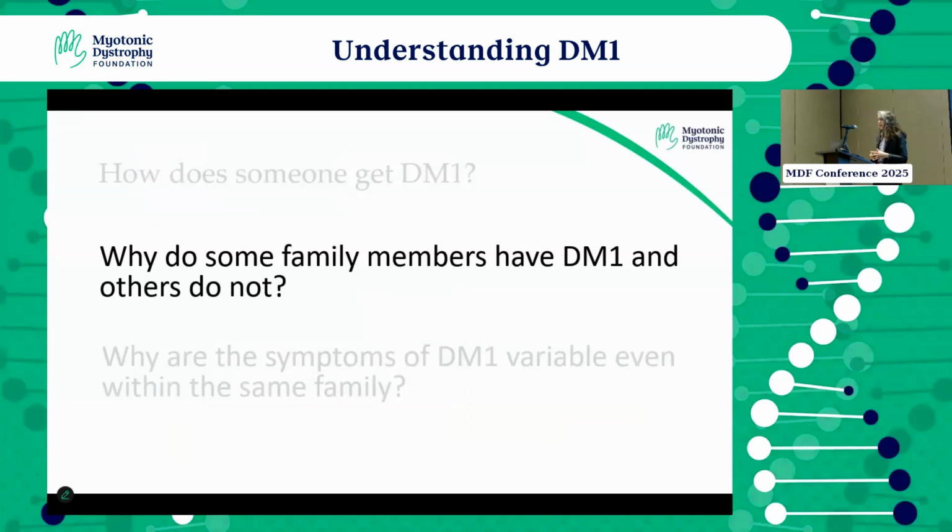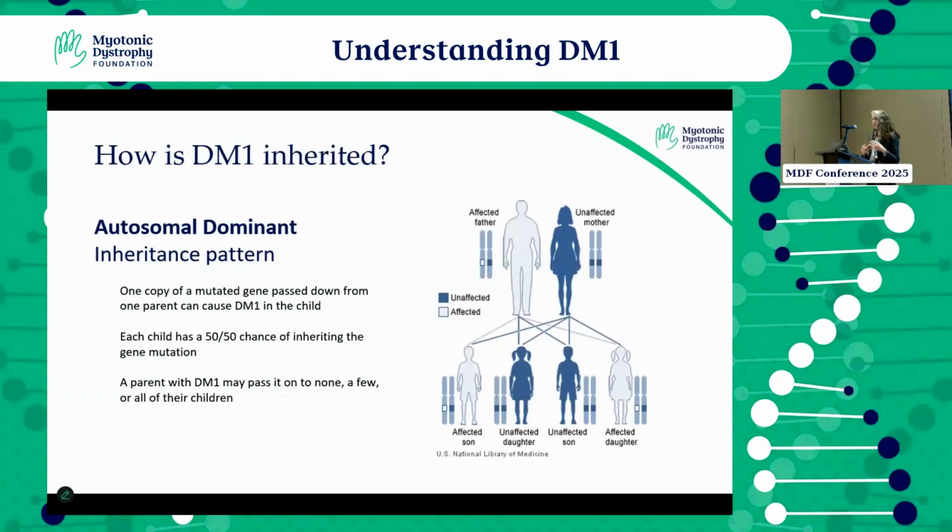Why do some family members have DM1 and others do not? DM1 is inherited through an autosomal dominant pattern. That means that to get the disease, there has to be one mutation. So one copy of a mutated gene passed down from one parent can cause DM1 in a child.